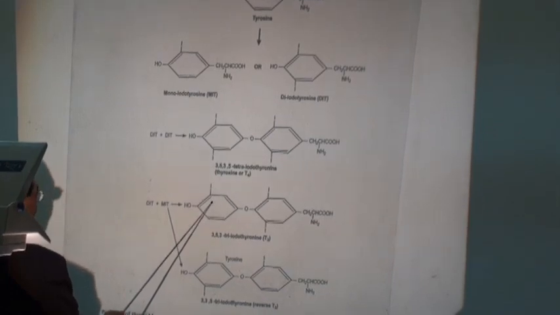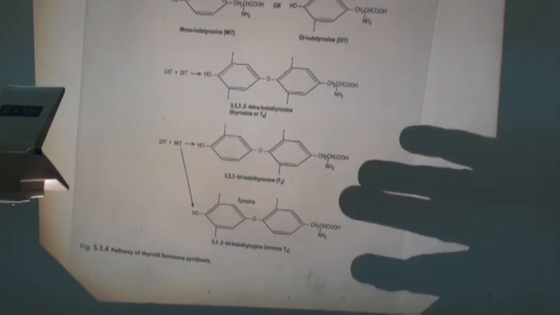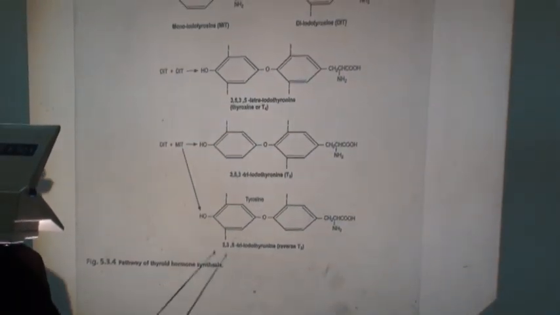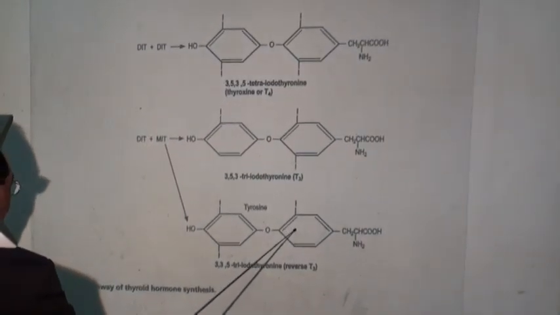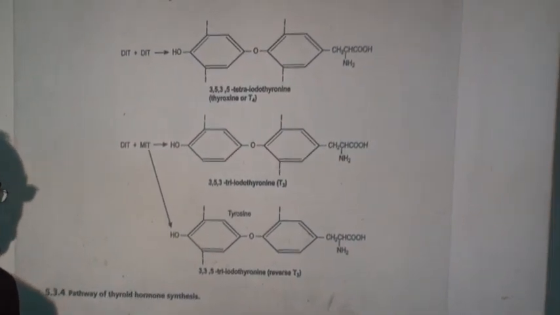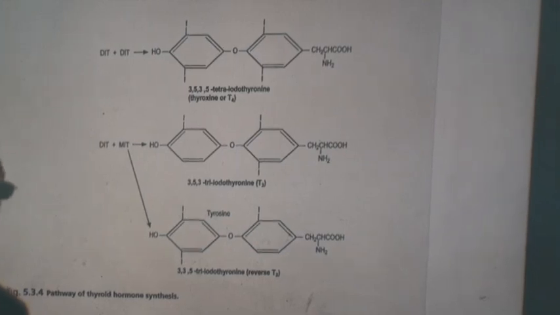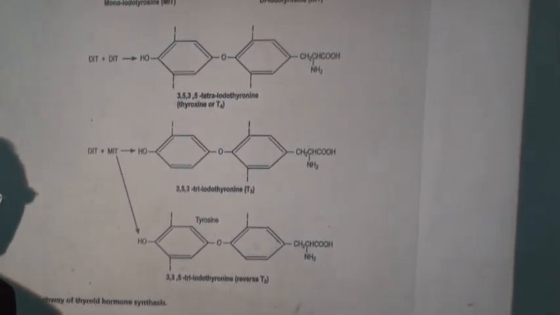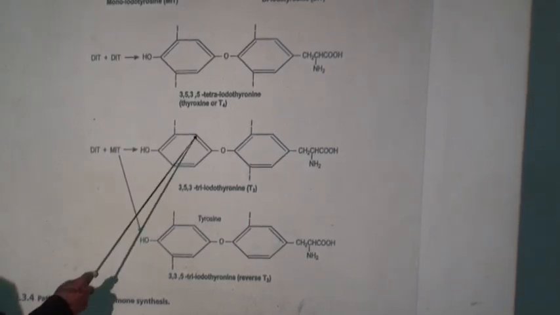But when one diiodotyrosine binds with one monoiodotyrosine, it produces another hormone called triiodothyronine or T3. Sometimes one monoiodotyrosine binds with diiodotyrosine in a different arrangement, producing a third hormone called reverse T3.